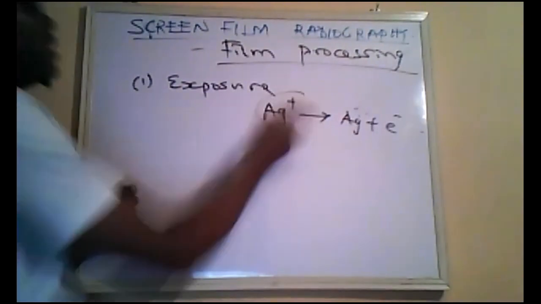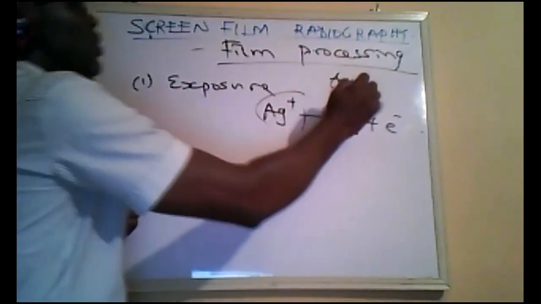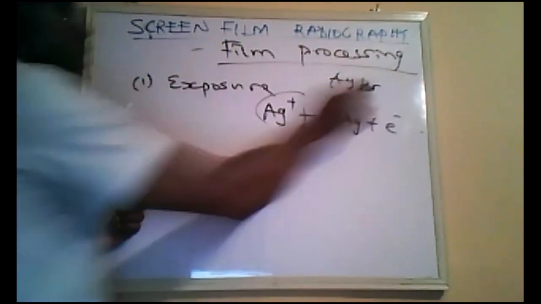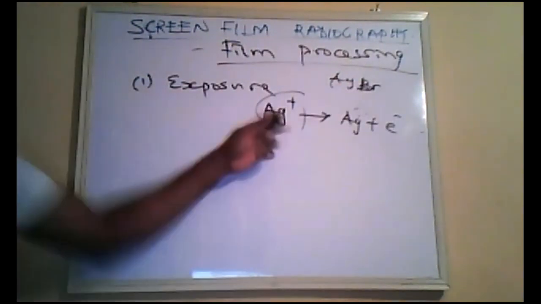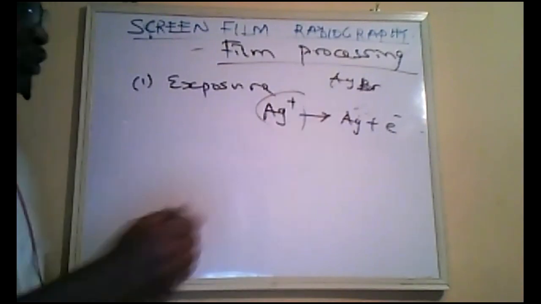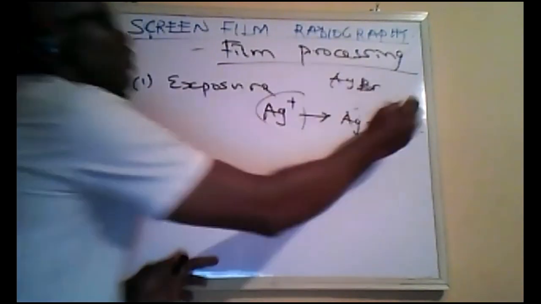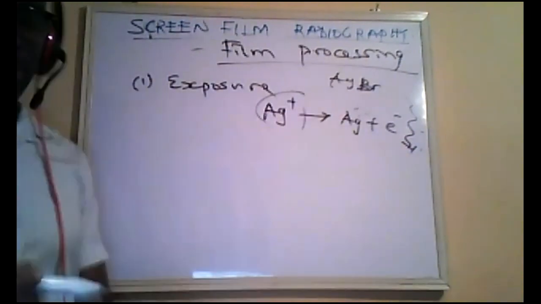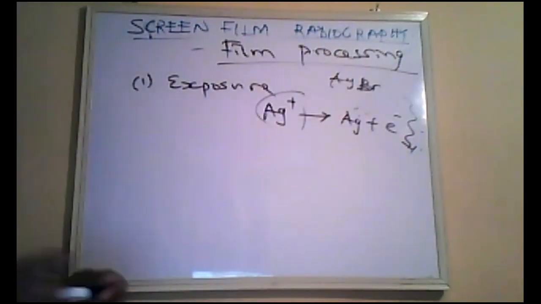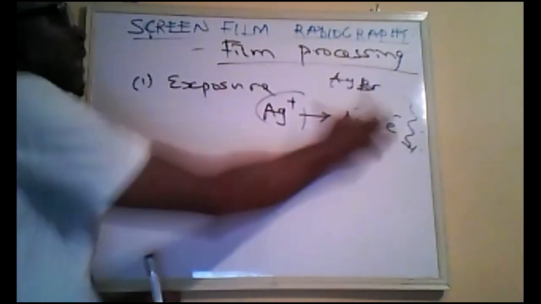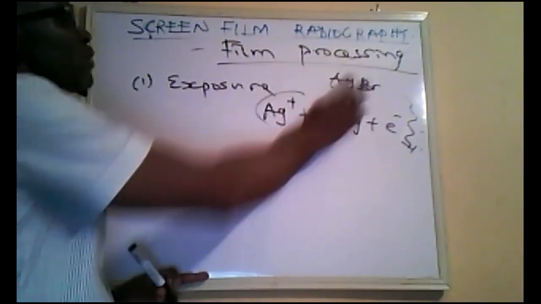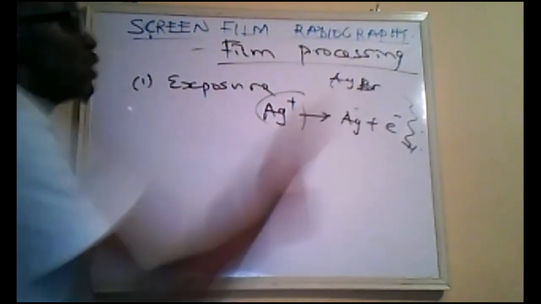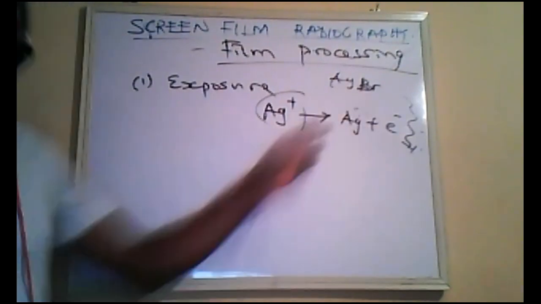This is the silver in the silver bromide, which is in ionic form. You now introduce the X-ray beam. It goes into that silver bromide tabular granule and removes one electron from it. It reduces it into silver.